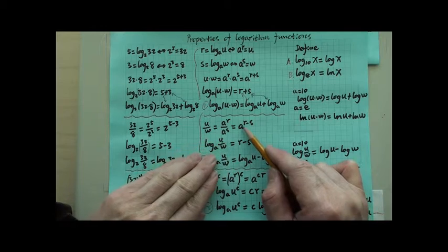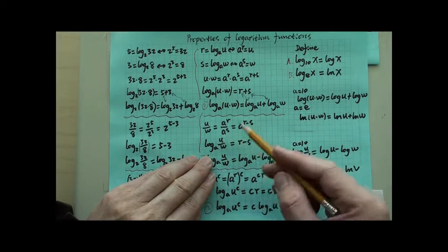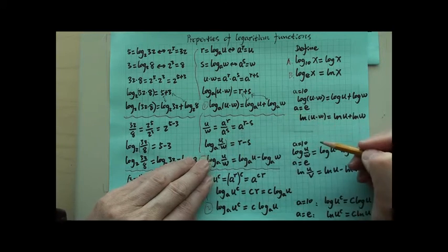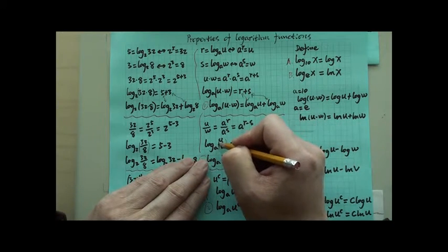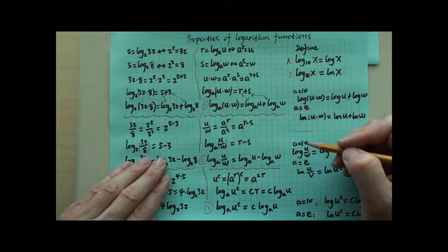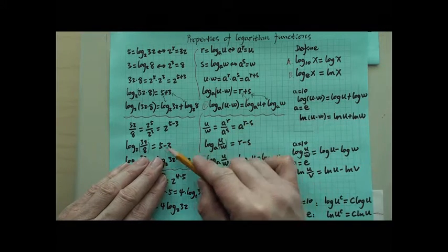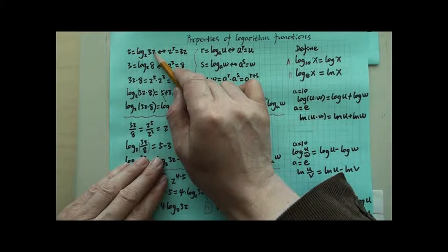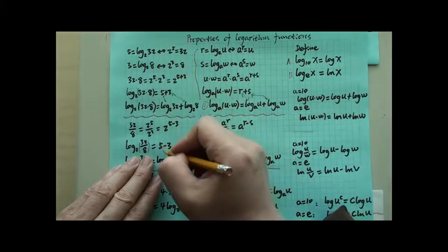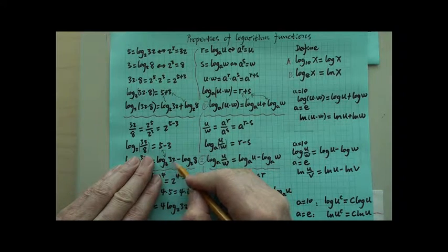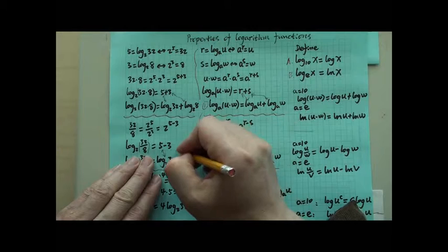That's log base a to the u over w. Again here, parentheses. Don't forget. Okay. All right. Now, 5 is log base 2 to the 32. So we have a log base 2 to the 32 for 5.